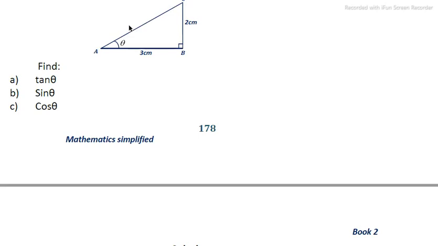Then for sine, for us to find the sine, we must find the hypotenuse first, because we saw that sine equals opposite over hypotenuse. Therefore, we cannot find the sine when we don't have the hypotenuse.